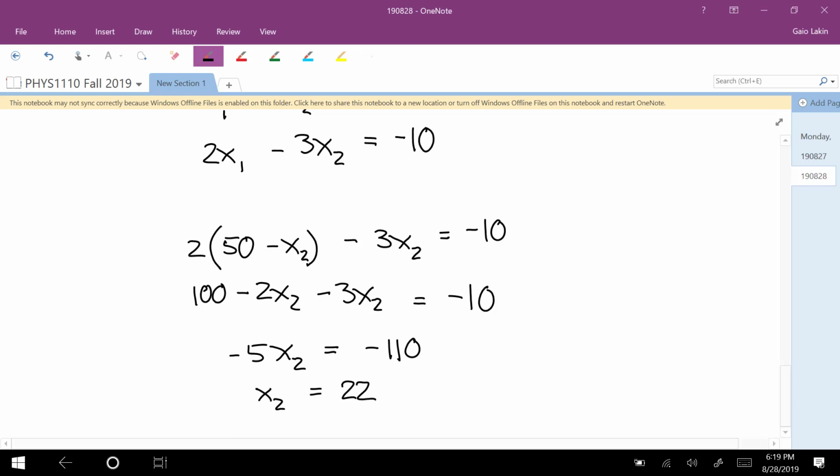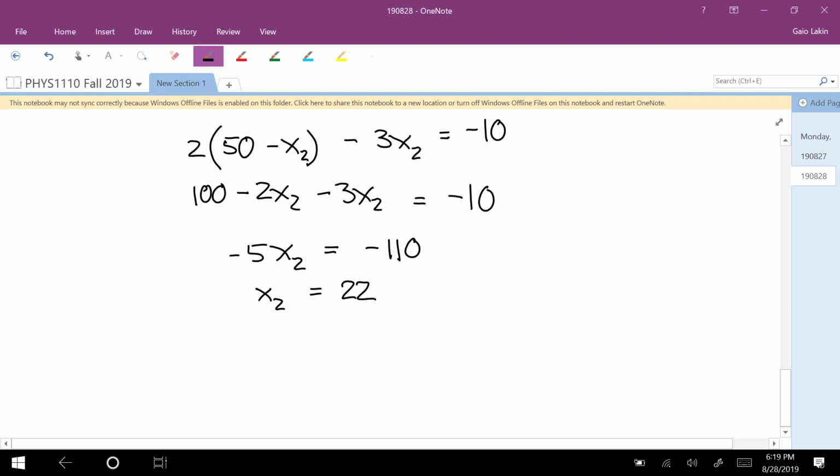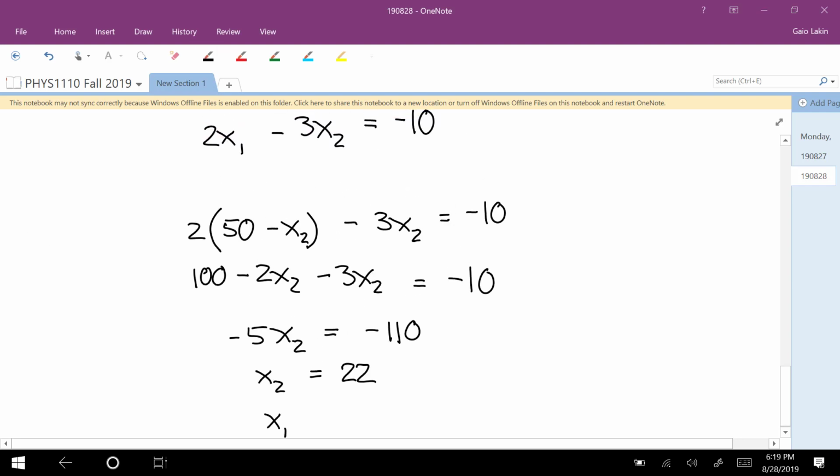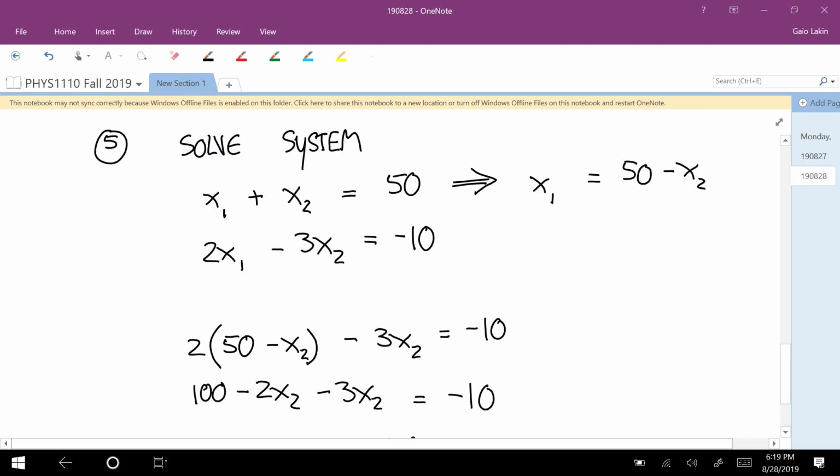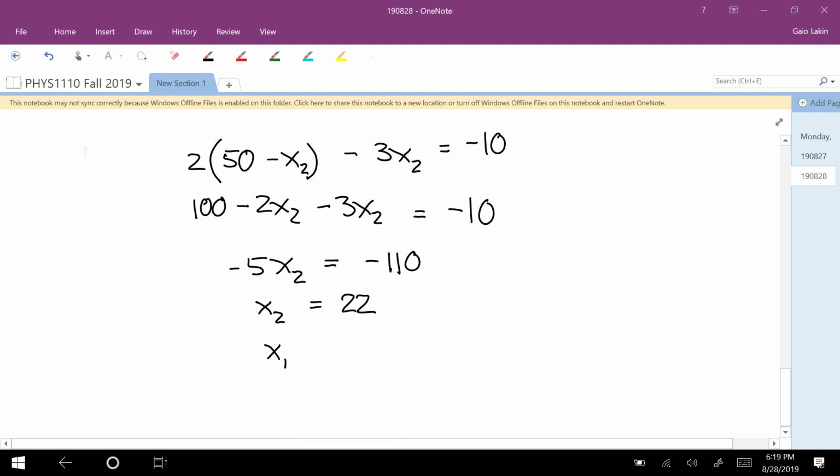And you have to solve, so we have one of the two variables, but we're not done until we have values for both of those. So plug 22 in for x2, and you get that x1 is equal to 28. Any questions about that?